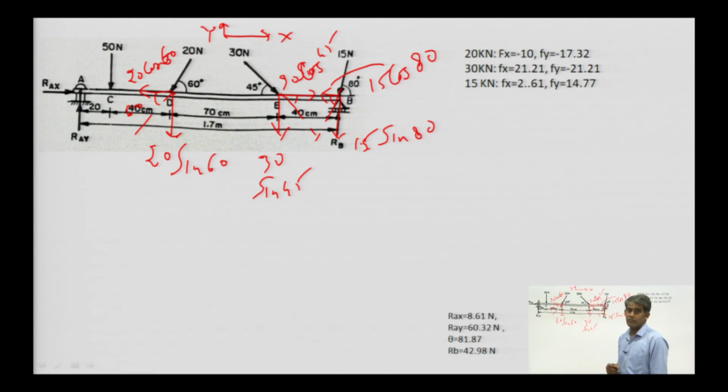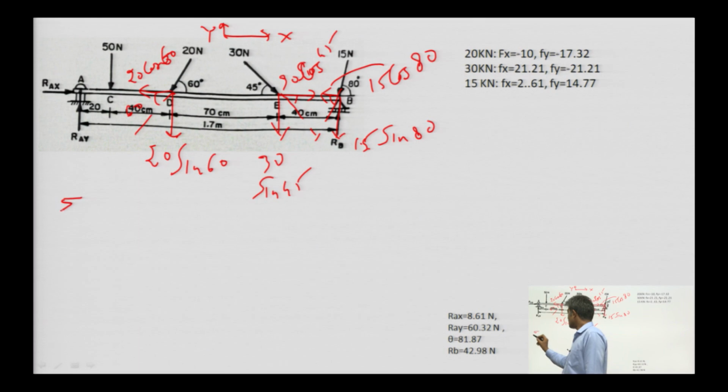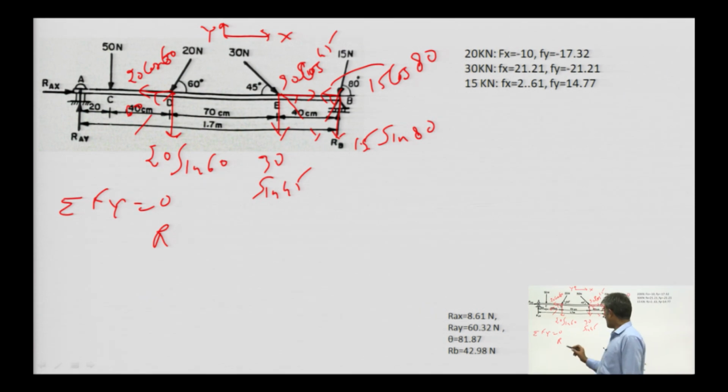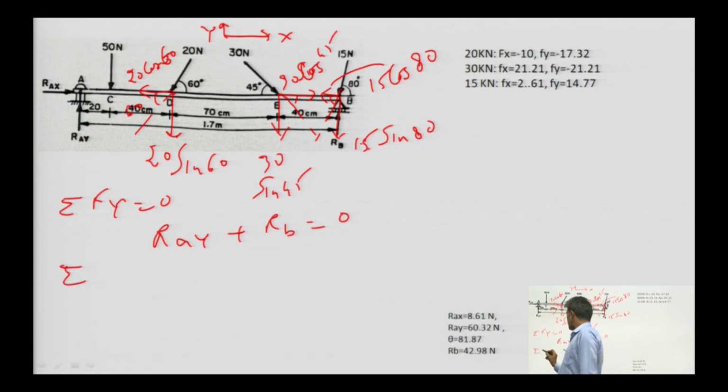All the steps will be the same, and the remaining steps will be the same. What are those steps? Apply sigma Fx equals 0, sigma Fy equals 0, then you will get RAy plus RB equals 0. Again apply sigma Fx equal to 0.